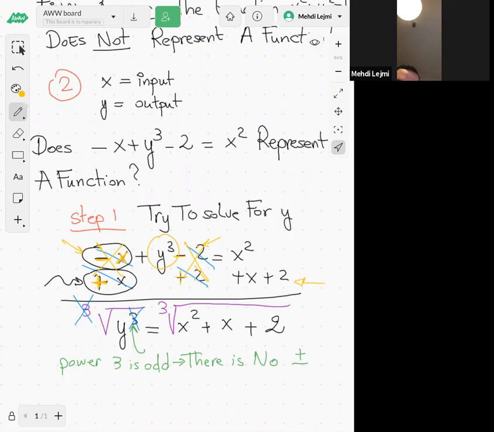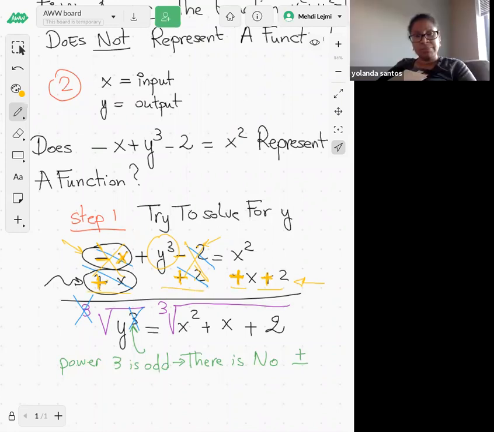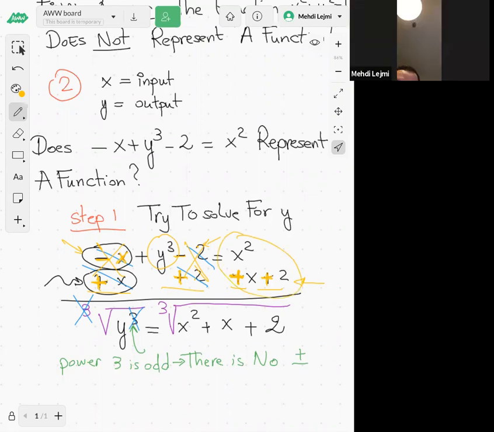Because it's an equality, you have to do exactly the same thing on the right side. That's why I have this plus x and plus 2 there. So on the right side I have x squared plus x plus 2, and on the left side the minus x and minus 2 cancel out, so I end up with y cubed.